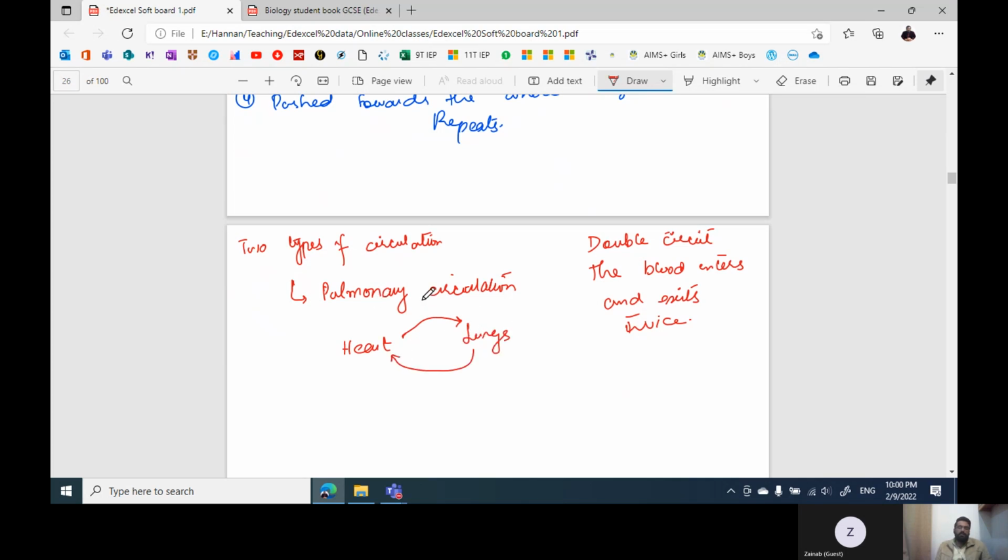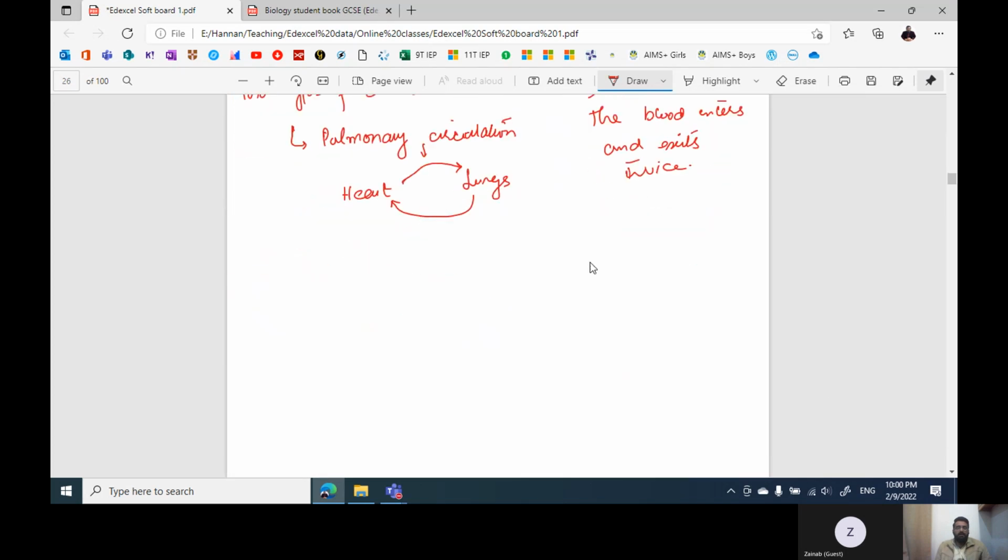This is called pulmonary circulation. And the other type of circulation is the systemic circulation. Systemic circulation means the blood would go towards the body and would be coming back to the heart. So this is systemic circulation and this is pulmonary circulation.